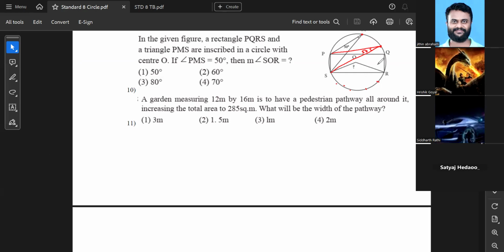If you are subtending an angle anywhere in the circle, you will get the same angle, which means if this is 50, then this will also be 50.